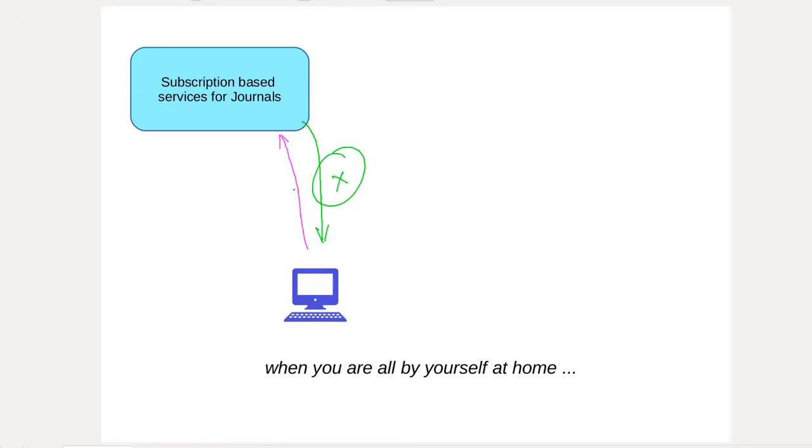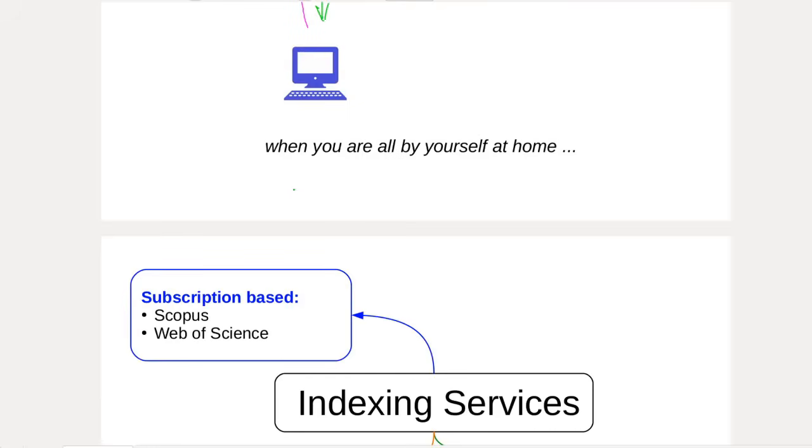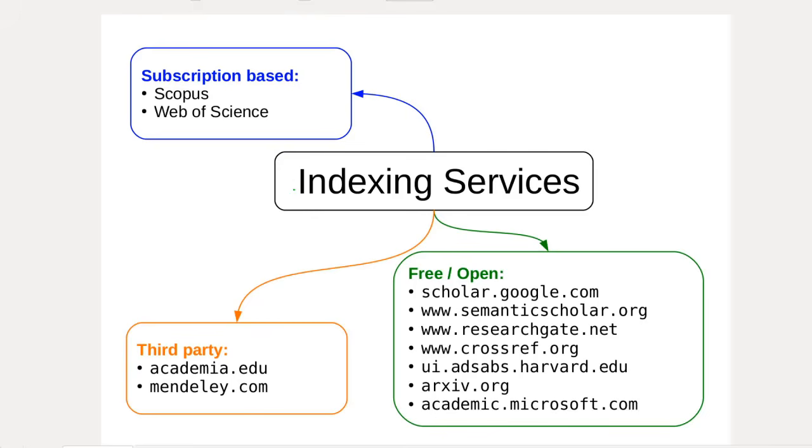So in this scenario it is important to see what other sources there are where, without any subscription fees, maybe with some limited access, you can see some of the archival literature sources. Indexing services, as these are called, fall into 2 major categories: subscription based or free and open.